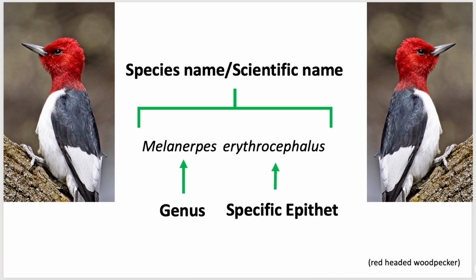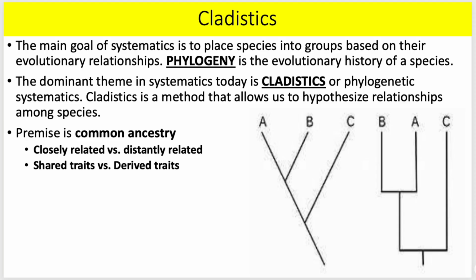Erythrocephalus: erythro would be red, that's what it means, like erythrocytes, which are red blood cells. And then cephalus means head, so it means melanin of red head, basically, or a red-headed organism. And this organism has a red head. And so anyway, the names will often correlate to their appearances.